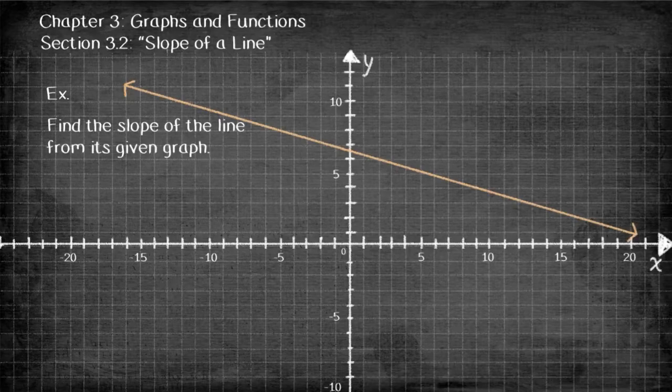So I want to find the slope of the line from its graph, and again, I just want to choose coordinates that are going to be integers. And then I'm going to count the horizontal and vertical change. So my horizontal change here is 11.